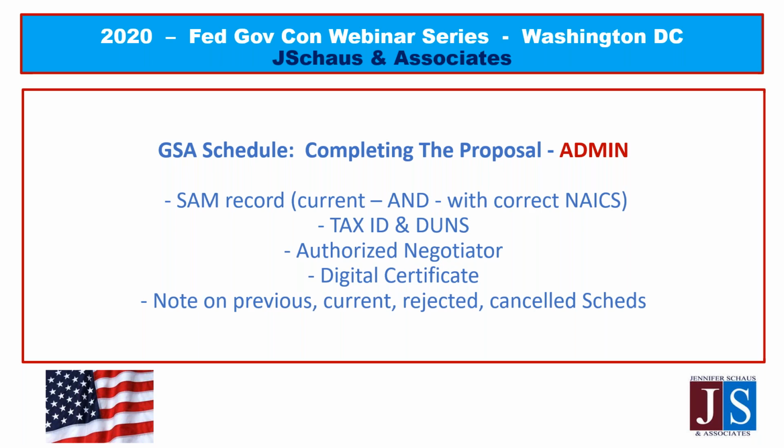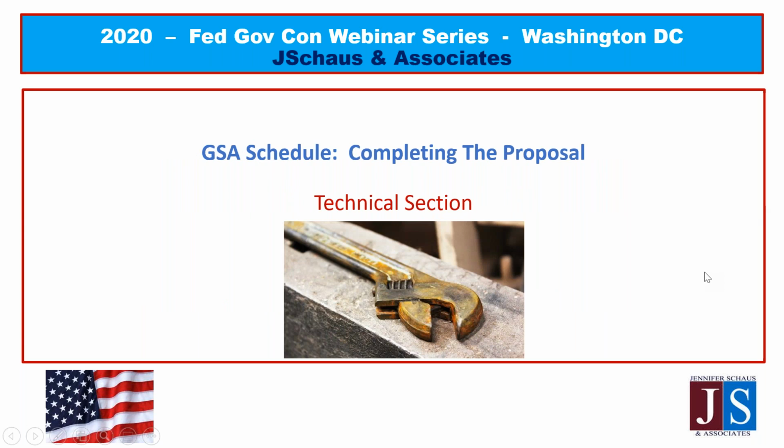If you do have a current schedule, whether it's your company directly, or perhaps you've got a joint venture or mentor-protege arrangement, you should submit that information as well. And also just any previous schedules that you held. And that's the administrative section. That's usually the easiest.